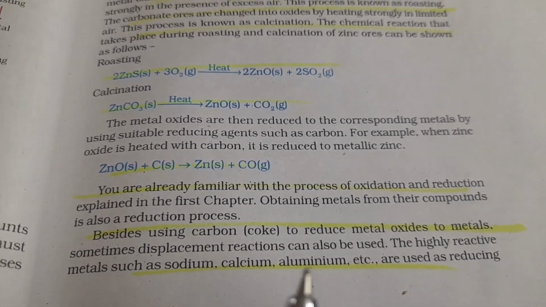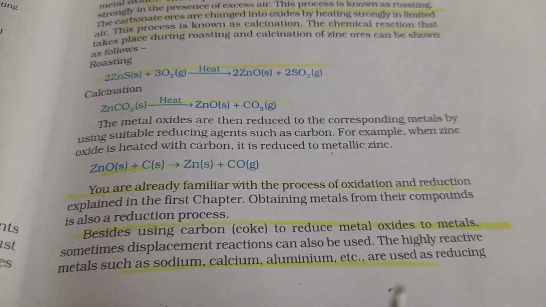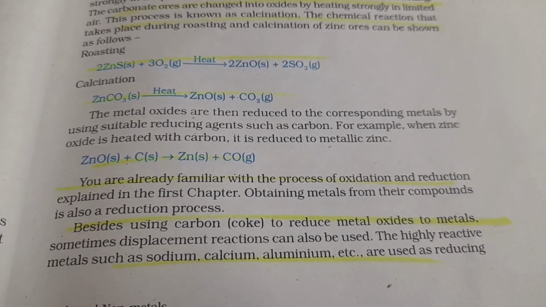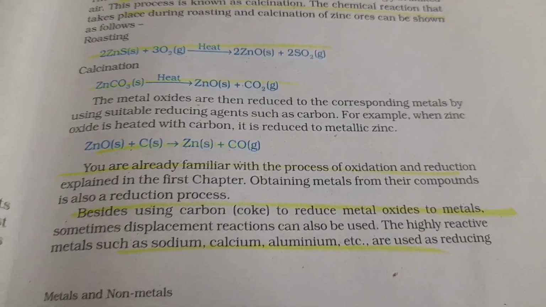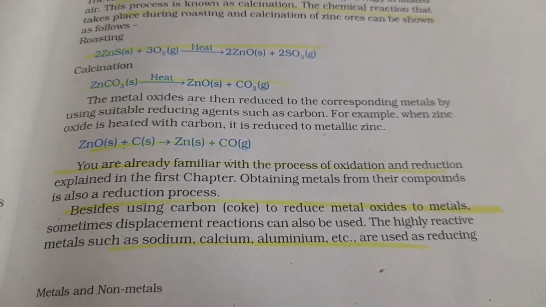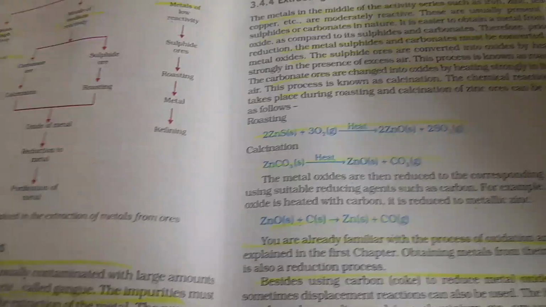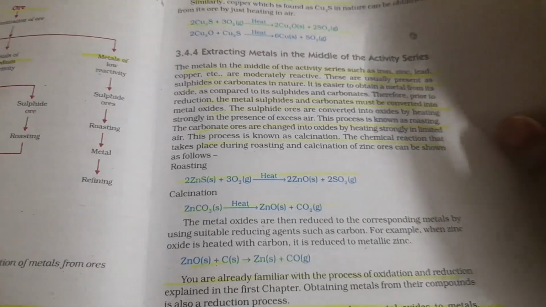And also besides using carbon or coke to reduce metal oxides to metals, we can also do that by displacement reactions. For example, highly reactive metals like sodium, calcium, aluminum are used as reducing agents. So I hope you clearly understood the process of extraction of metals.